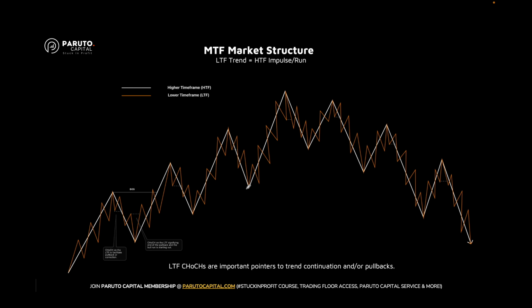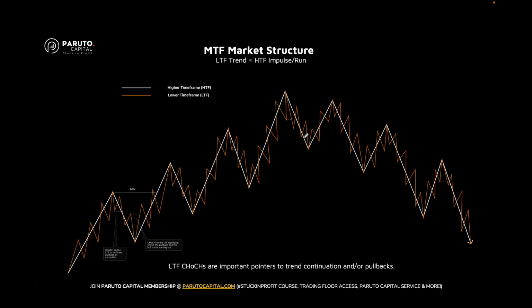Now, on the multi-time frame market structure again, like I said, a lower time frame trend equates to a higher time frame impulsive run, right? So you can see here that the white lines denote the higher time frame. You can see the move on the white lines. You can see how this is an impulsive move, a pullback, an impulsive move, a pullback, an impulsive move, a correction, an impulsive move, a pullback, and then this does nothing, doesn't take out this high, and then changes character here.